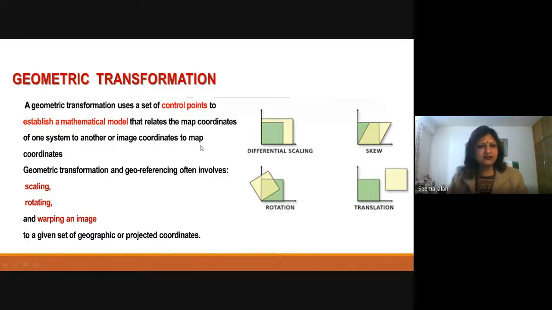What I'm saying is I want to have an equation where I can input the image coordinates and I should get the real world coordinates, or I can input the coordinates in one coordinate system and I can get the coordinates in the desired coordinate system. Okay, this process is known as geometric transformation.